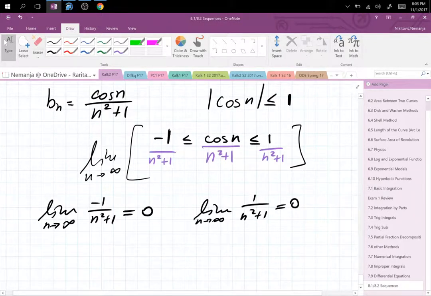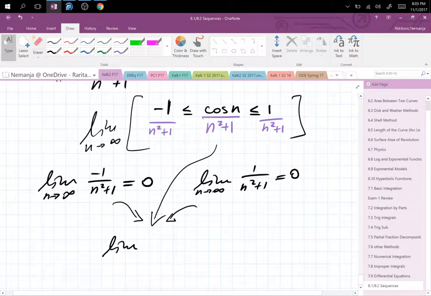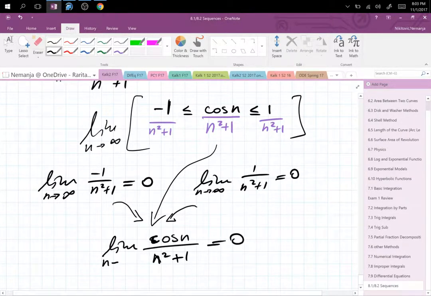So now when you combine the two, since this one is squeezed in between, this limit, without actually solving the particular limit, just because it was squeezed in between, must be 0 as well.